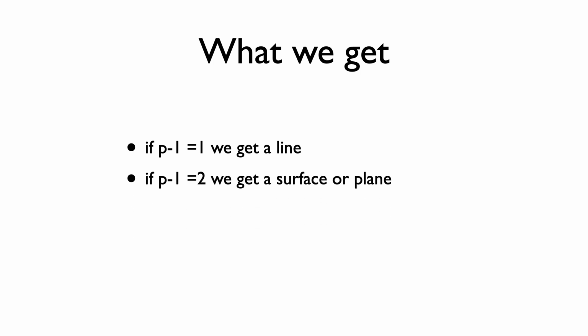Now, if p minus 1 equals 2, now we get a surface, or a plane. You think of this piece of paper, okay, so we've got y going up and down, x going left and right. Right now let's assume there's no, like this. Now we have a line. Now we're going to add another variable.